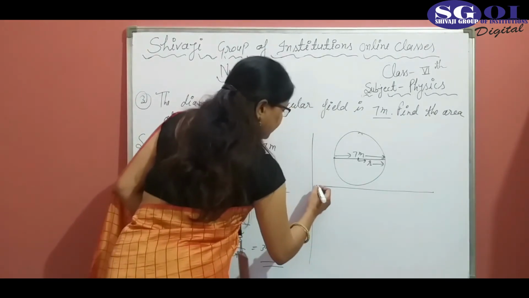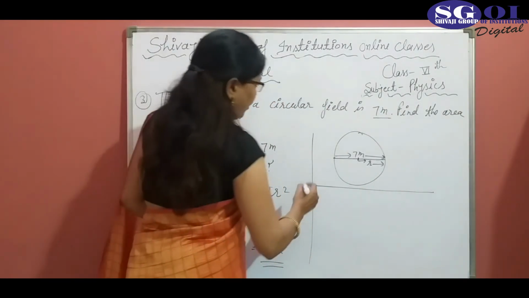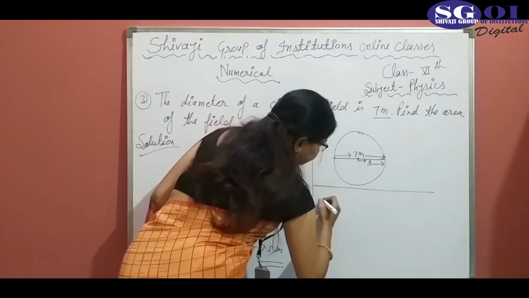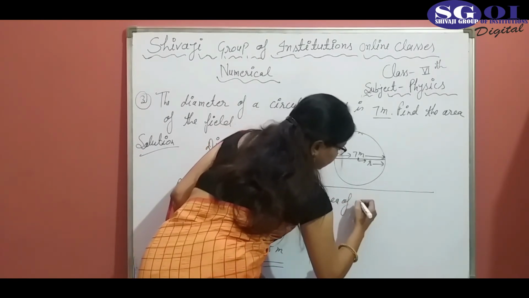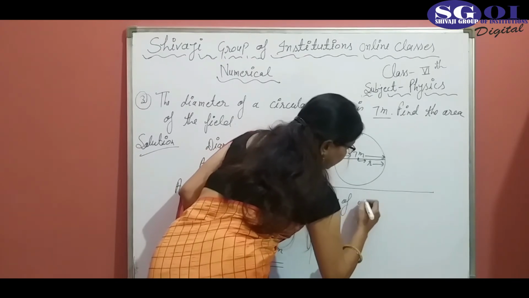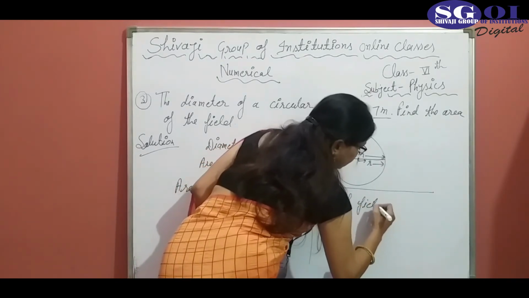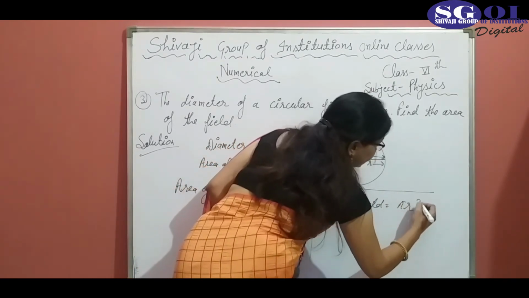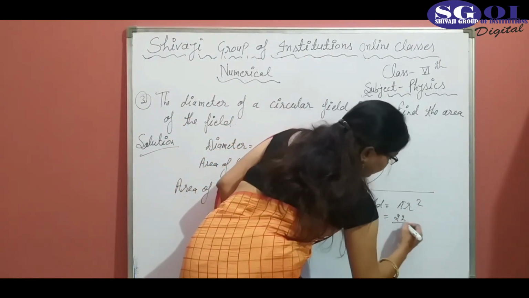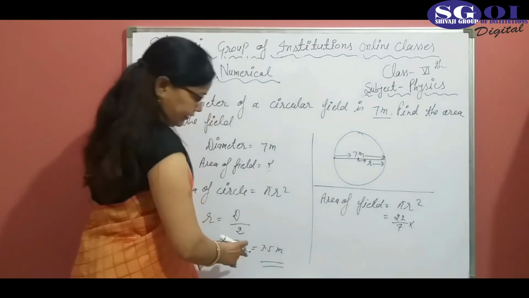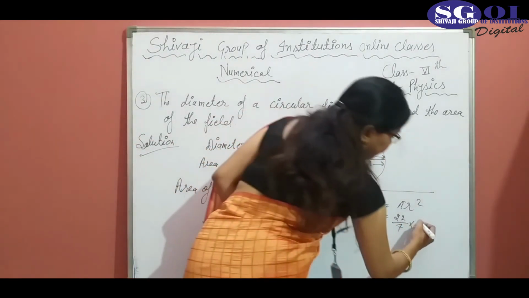And now we will apply the formula of circular field. Area of field equal to pi r square. The value of pi is 22 upon 7 and radius is 3.5.